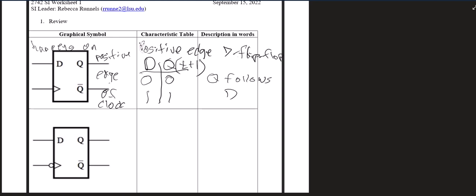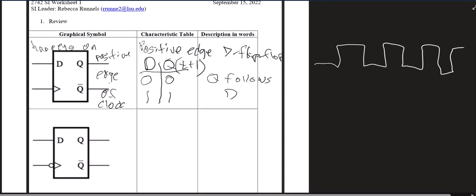Okay, so what that means, if this is your clock, and we're going to do an example of this in a minute. And that's your D signal, and this is your clock up here.